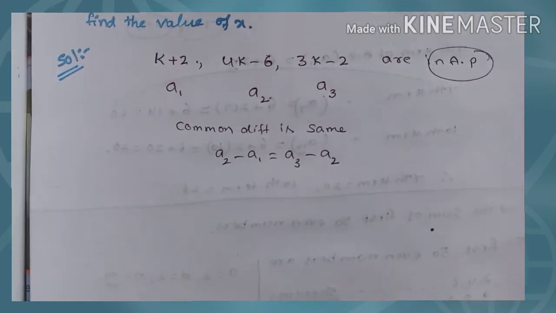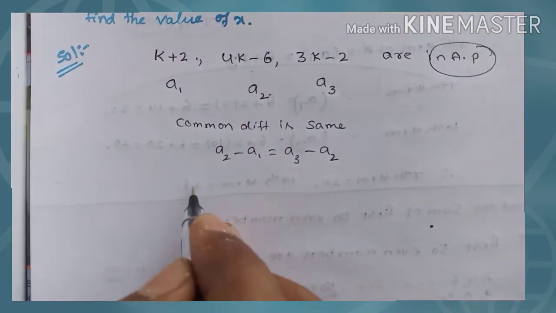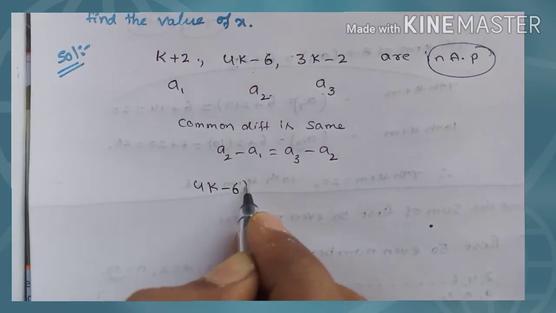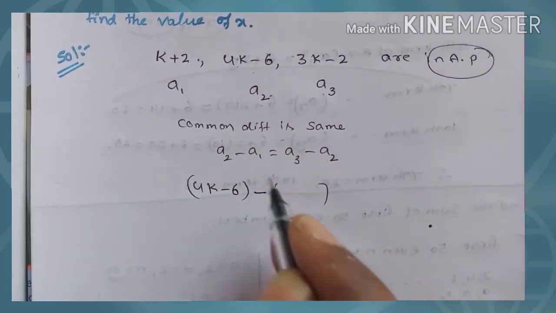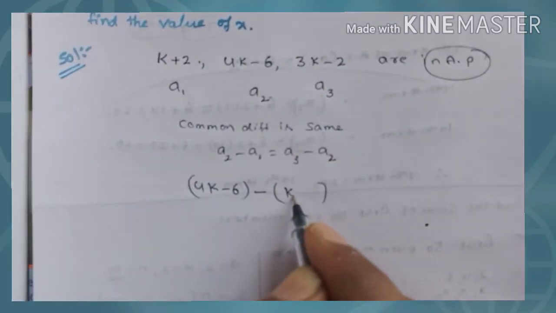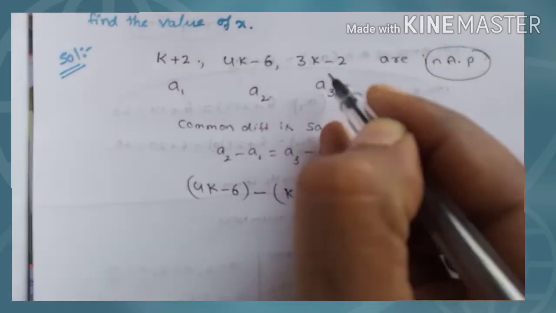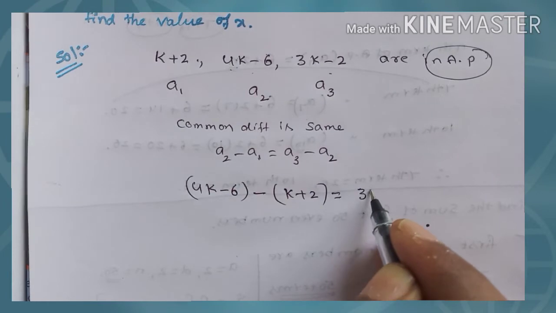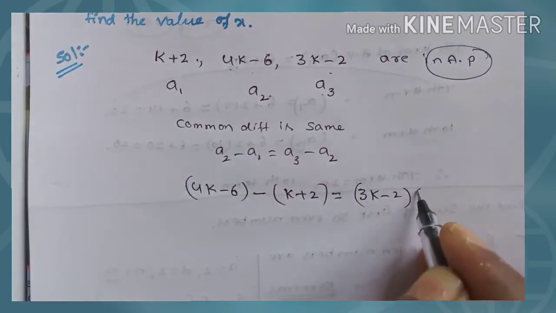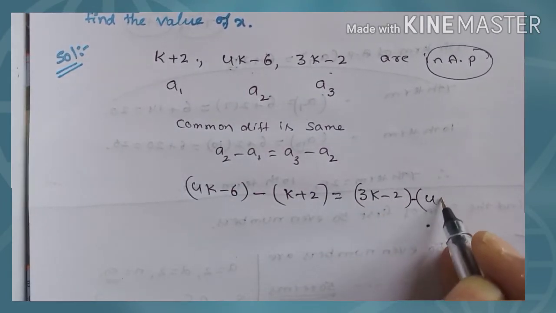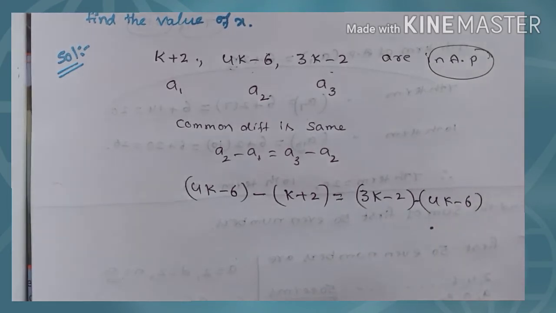Now what is the value of A2? A2 is 4k minus 6, minus A1 value k plus 2, is equal to A3 minus A2, 3k minus 2 minus 4k minus 6.